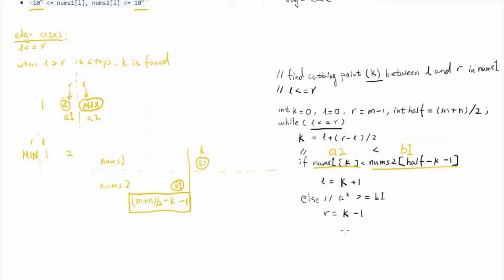Okay, so this while loop is a binary search algorithm to find the cutting point K. Once it exits from the while loop, the boundary R will be on the left side, and the boundary L will be on the right side.